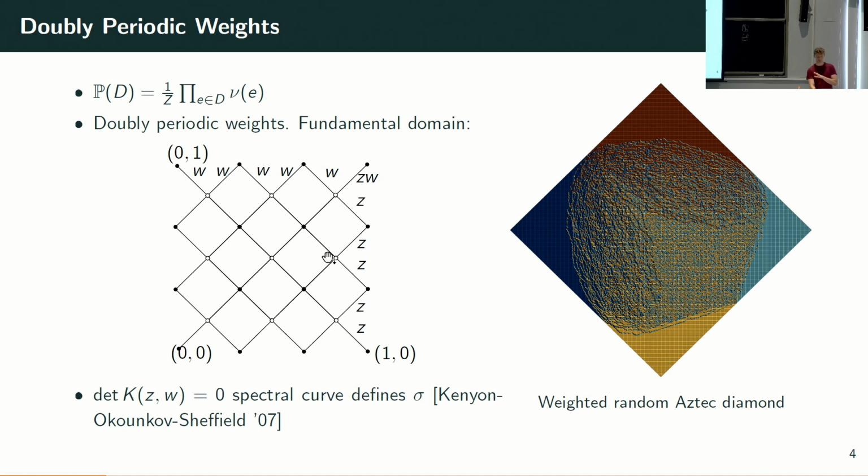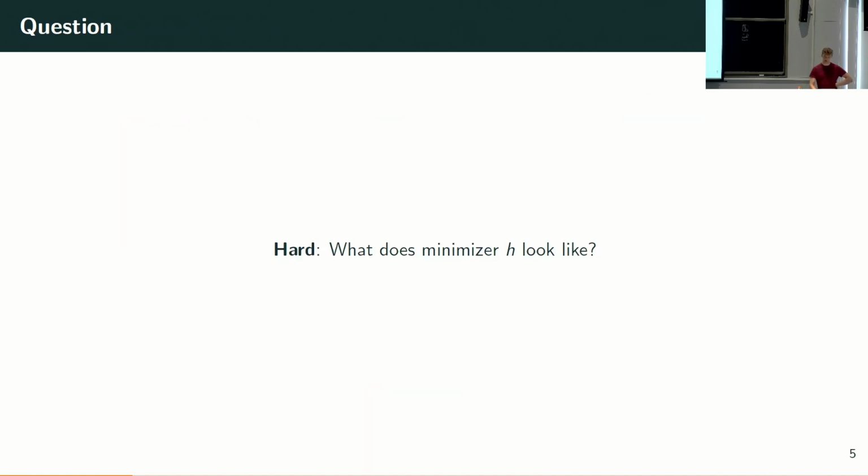You consider the adjacency matrix on a torus, and the determinant of the altered adjacency matrix defines a spectral curve. From this spectral curve, you can study the limiting behavior of the Aztec diamond.